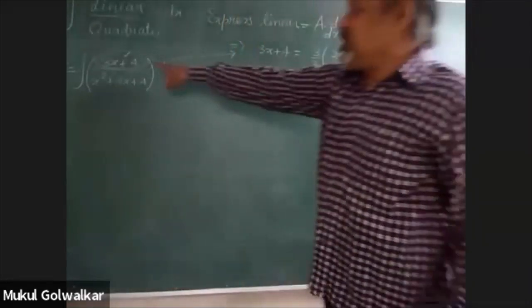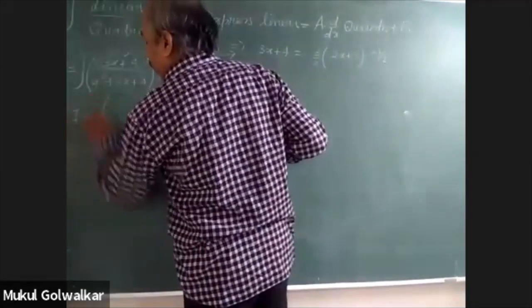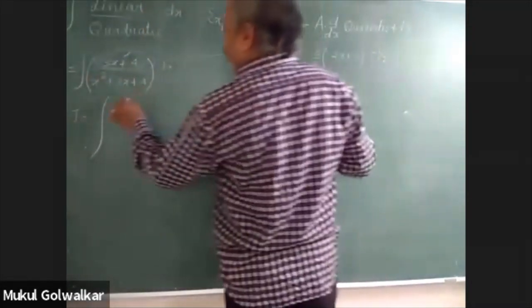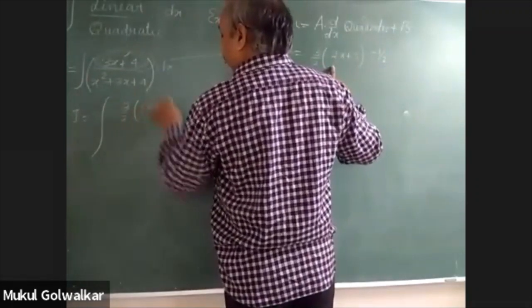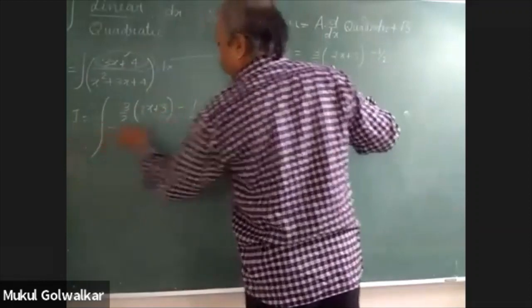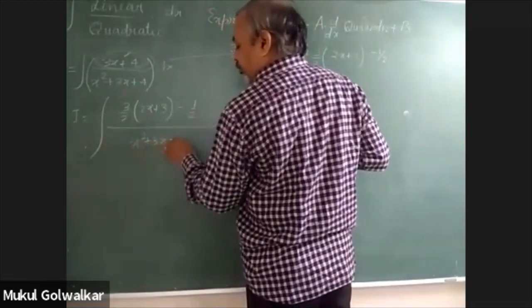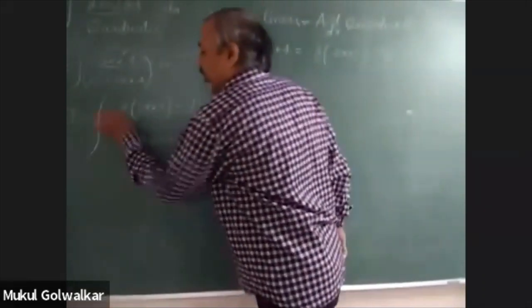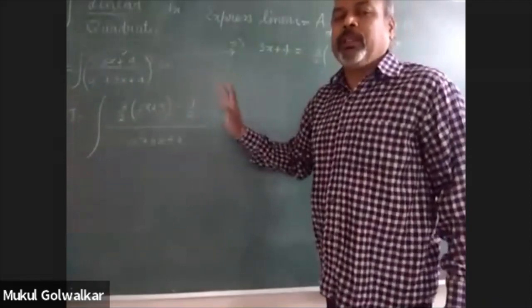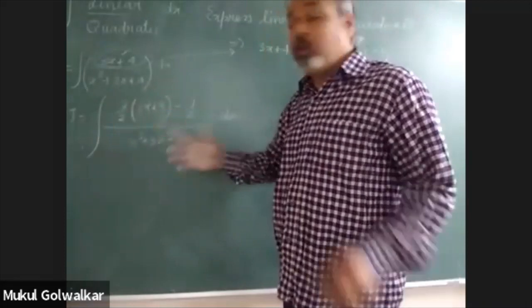So after expressing the linear in this specific form, the question will be equal to the integral of 3 by 2 times 2x plus 3, minus 1 by 2, divided by x square plus 3x plus 4 into dx. Correct? Let me write this quantity properly. It is 3 by 2. And hereafter what I am doing, I am breaking the integrand into two different parts.